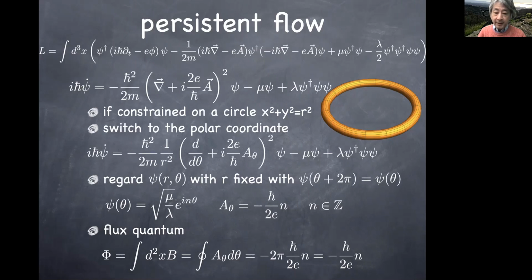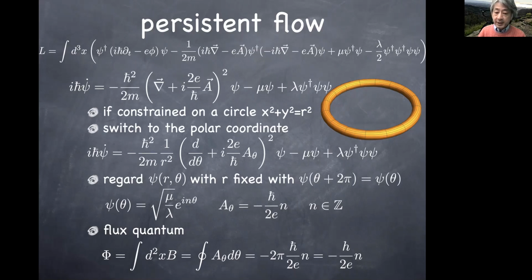And I think going from line integral to area integral is easier to understand. The line integral using Stokes theorem can be written as the area integral of the curl of what's integrated along the line. The curl of the vector potential is nothing but the magnetic field.